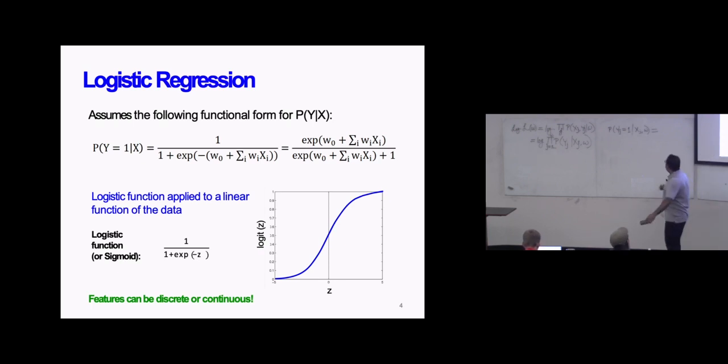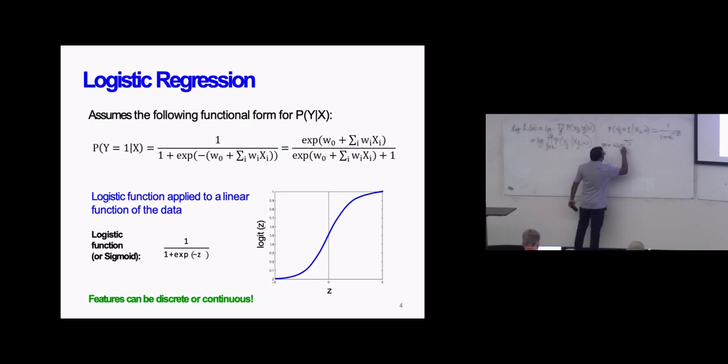So let me go step by step. It was 1 divided by 1 plus e to the power minus z, where z is that dot product, right? z is equal to w naught plus the summation over wi xi.